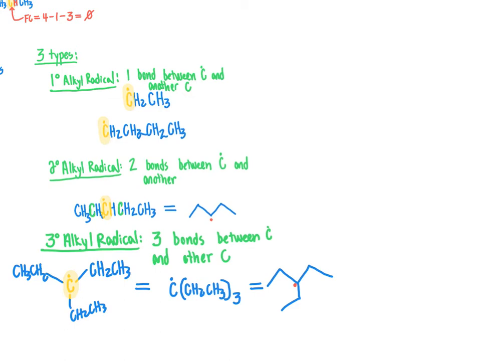And as we think about what intermediates are favorable, one of the key things we're going to think about is the stability of those intermediates, where generally the more stable intermediates are going to be the more favorable intermediates in chemical reactions. And so we can rank the stabilities of these 3 types of alkyl radicals.